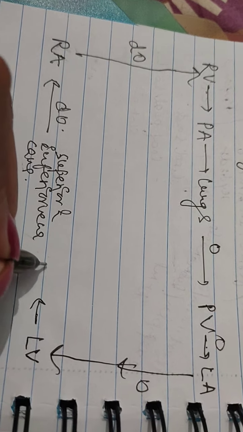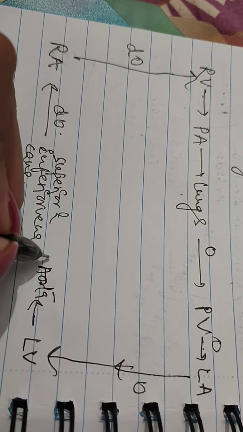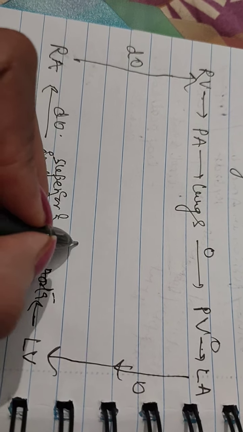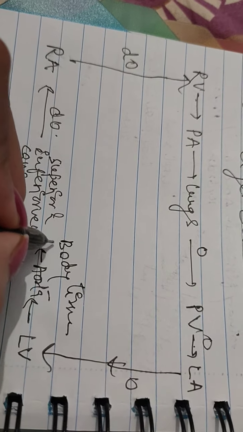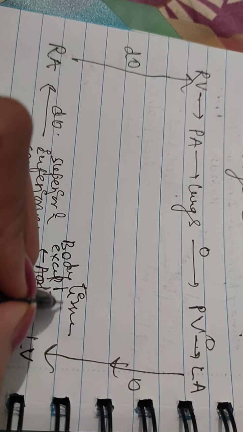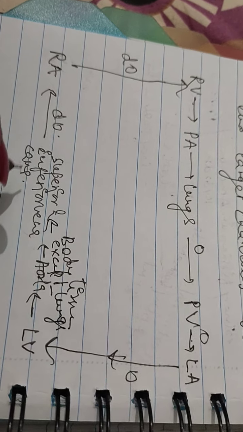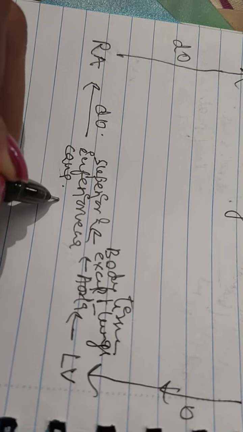Then this oxygenated blood goes to the left ventricle and then to the aorta, and then to the body tissues except lungs, and then to superior and inferior vena cava.